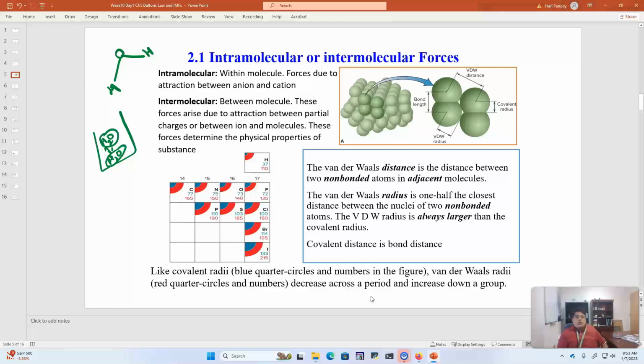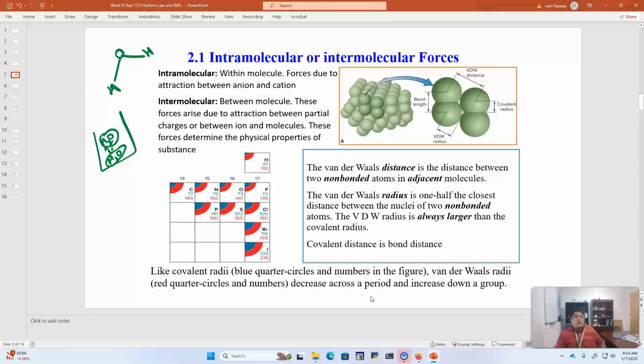One of the forces is called intramolecular, the other is intermolecular. Intramolecular force makes the molecule, but the shape and the phases of the materials are made by intermolecular forces. So water is a water molecule because of intramolecular forces, the force between the atoms, but water is a liquid because of intermolecular forces.